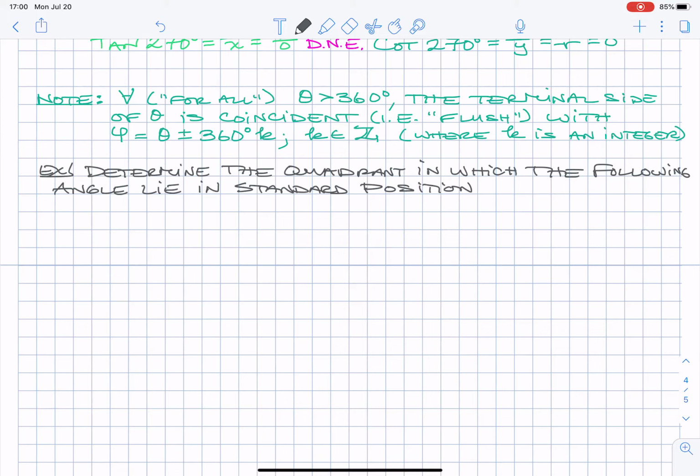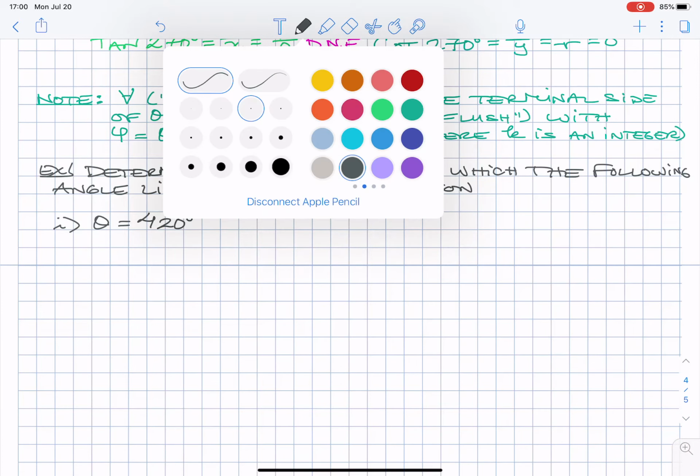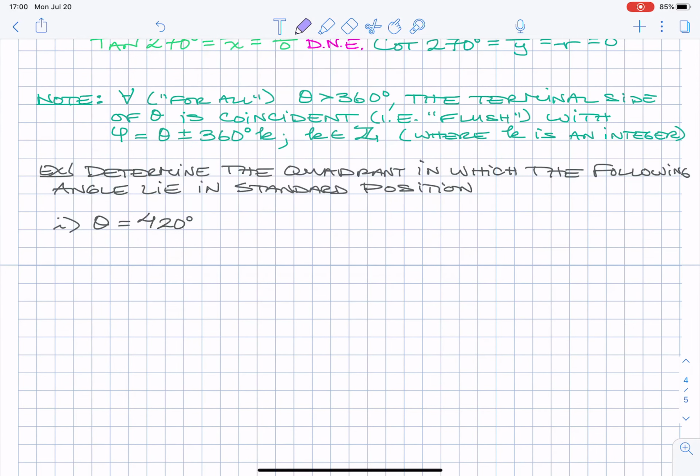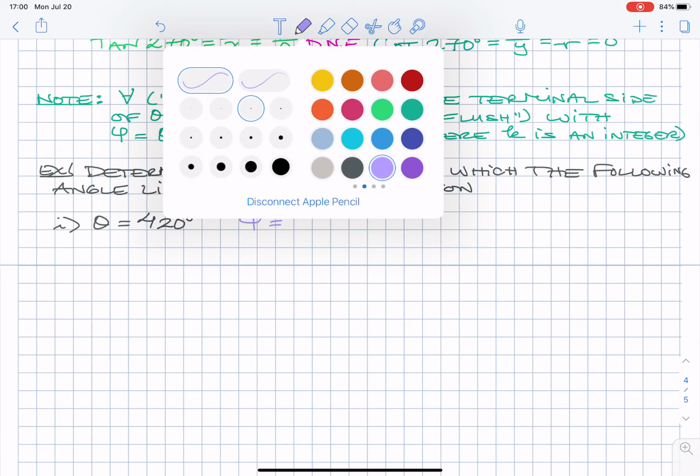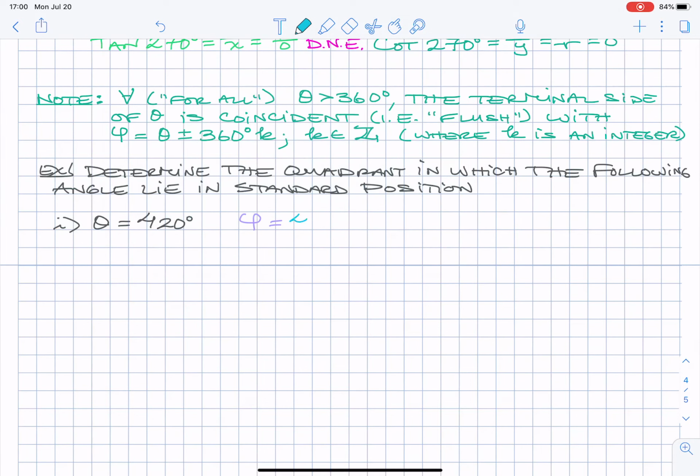Okay, so number 1. If I have theta is, say, 420 degrees. Okay, so what I want to find is the equivalent phi, which will be theta. So 420, that's larger than 360.